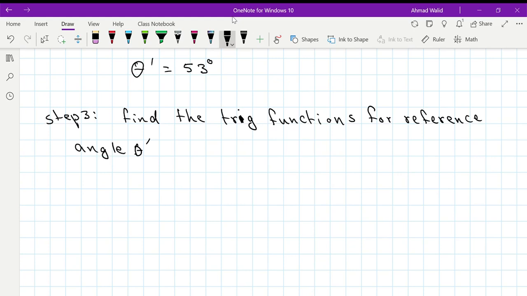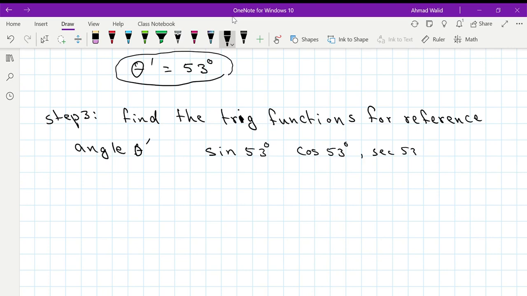Correct? Because here I used an example that is 53 degree. It means, when you come to this step, find sine of 53 degree, cosine of 53 degree, secant of 53 degree, tangent of 53 degree, cotangent of 53 degree, and cosecant of 53 degree.